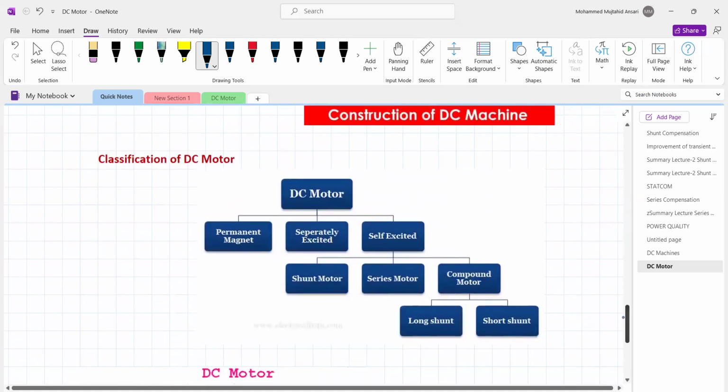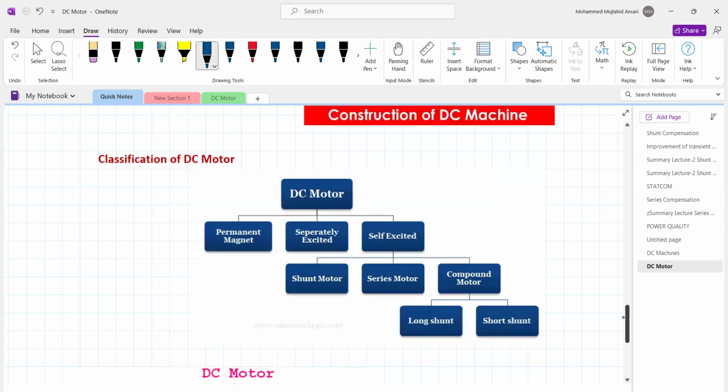The DC motor is classified first as the permanent magnet motor, where instead of an electromagnet we are using a permanent magnet. Nowadays, permanent magnet motors are very popular in many applications.